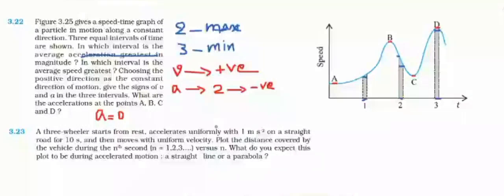Now, next question 23. A three-wheeler starts from rest, which means u equal to 0.